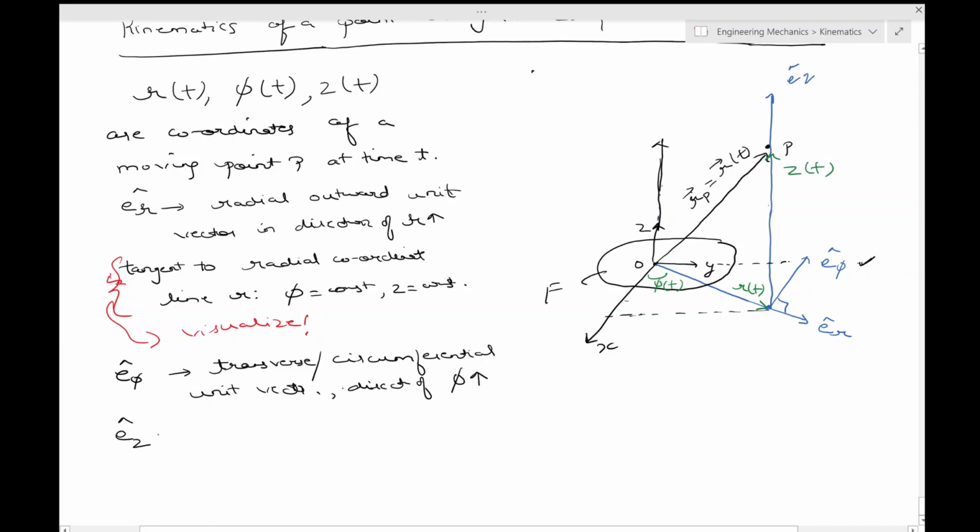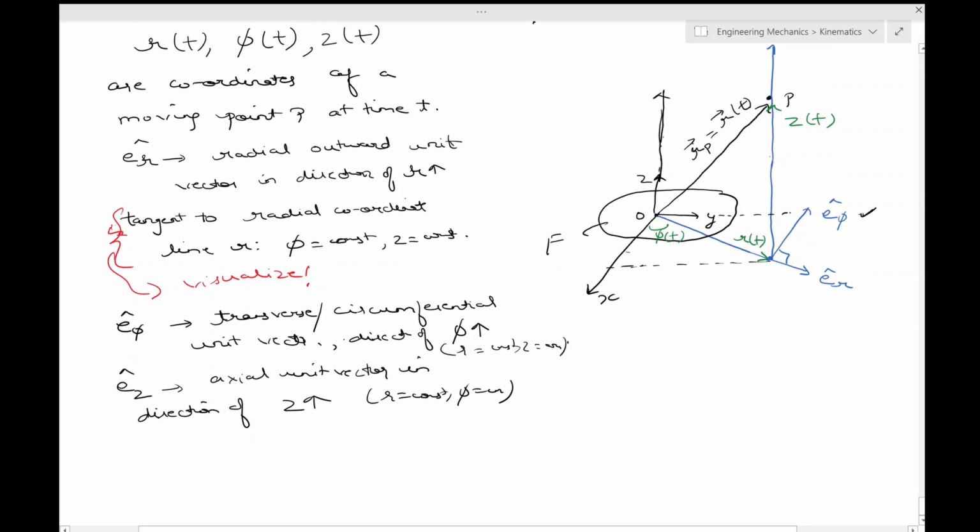And similarly Ez is the axial unit vector in the direction of increasing z. So again in this case r is equal to constant and phi is equal to constant. Similarly, here you have r equal to constant and z equal to constant.